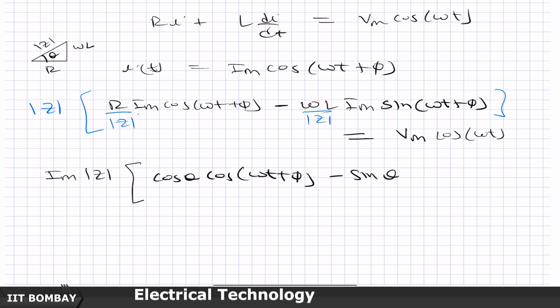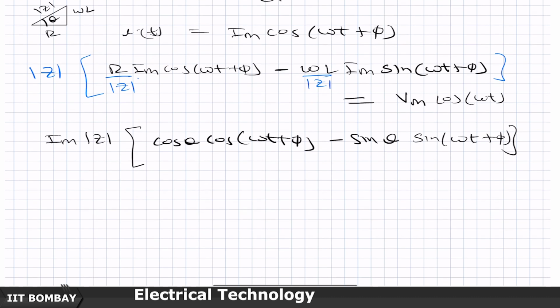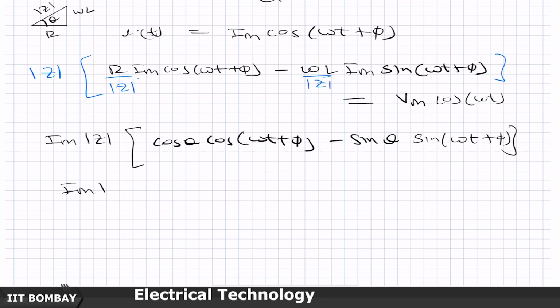Omega L by mod of Z is going to be sine of theta, so sine of theta into sine of omega t plus phi. And this can be written as cos A cos B minus sin A sin B, which is equal to cos of A plus B.